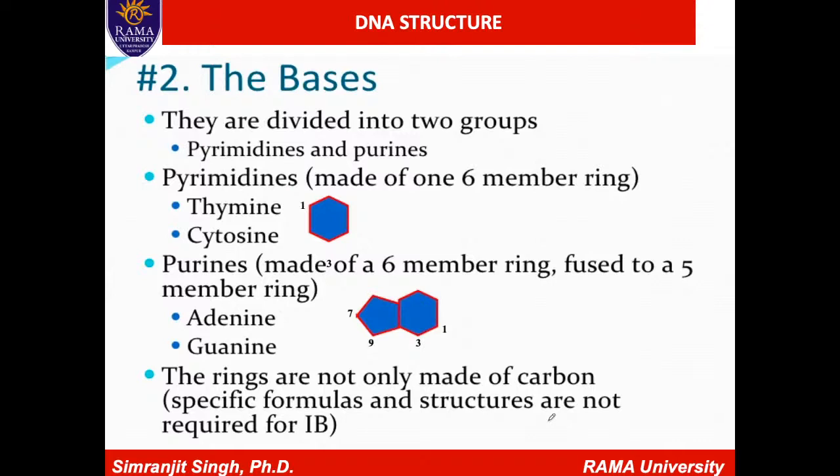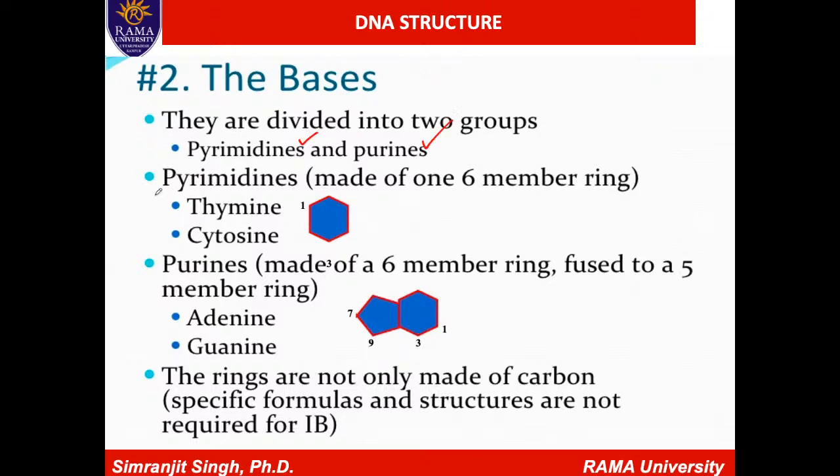Then DNA structures. As we discussed in Chargaff's rule, your purines are equal to the pyrimidines. Adenine makes bonds with thymine, and guanine makes bonds with cytosine. So an equal amount of purines will make bonds with an equal amount of pyrimidines. The nitrogenous bases are divided into two parts, pyrimidines and purines.